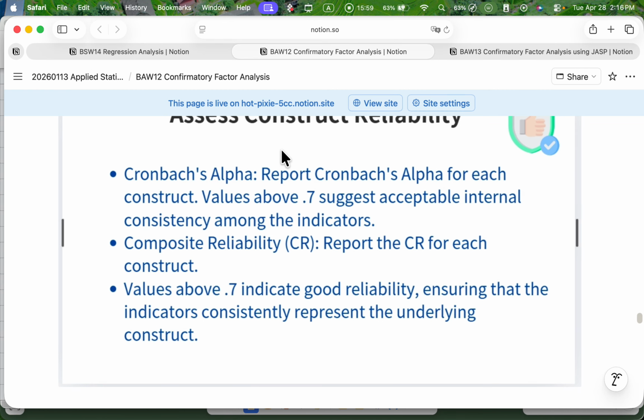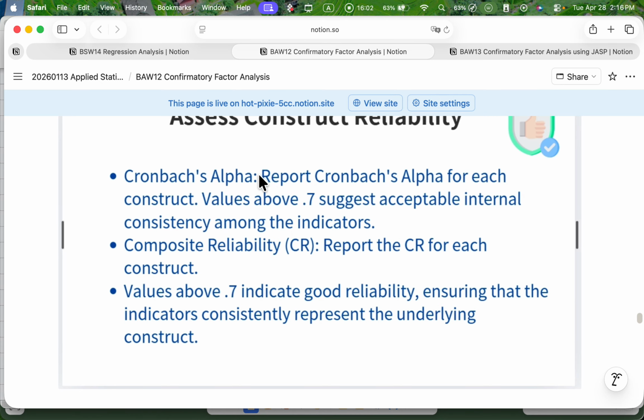Now here again, a reliability value above 0.7 indicates good reliability. It means the indicators for measuring a concept consistently represent the underlying construct.